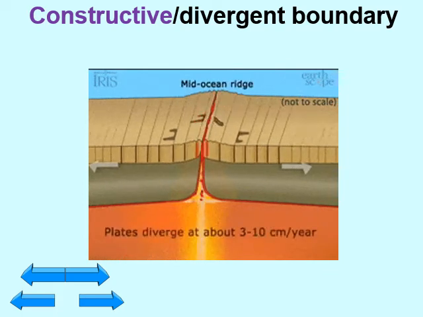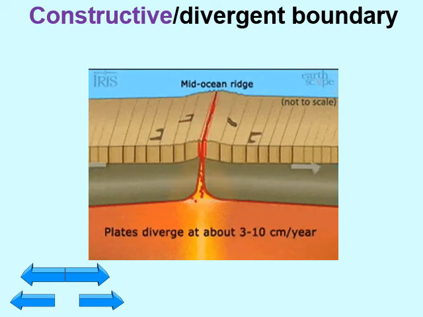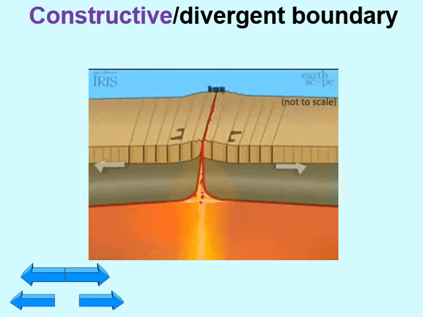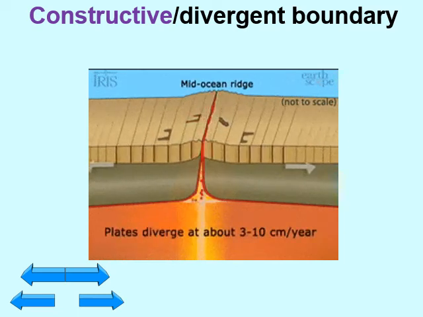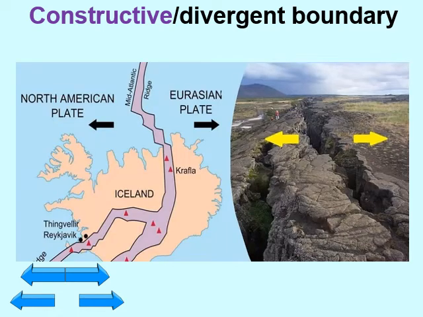We also get volcanoes occurring on this plate boundary because magma is able to rise to the surface of the Earth. And if we look specifically at Iceland, which is found on the northern end of the mid-Atlantic ridge, we will see that there are several volcanoes here. So on the map on the left, we can see some red triangles. These are the volcanoes that we're talking about, such as Katla or Eyjafjallajökull.